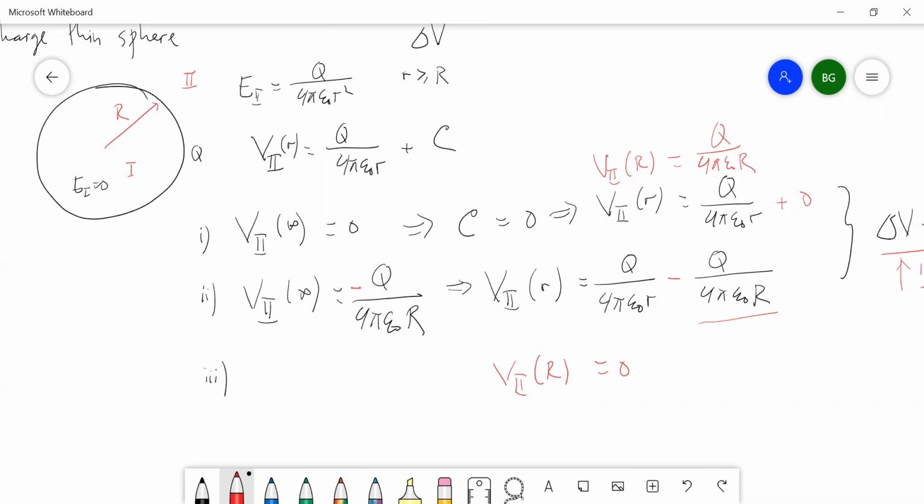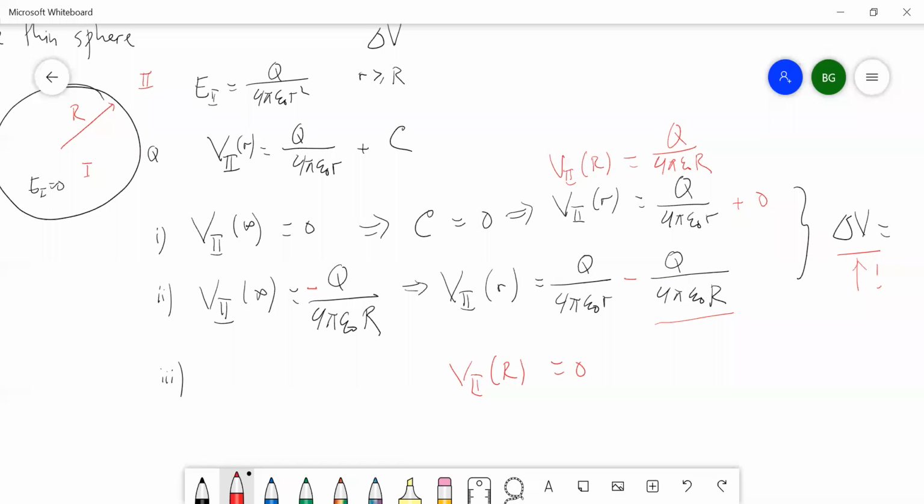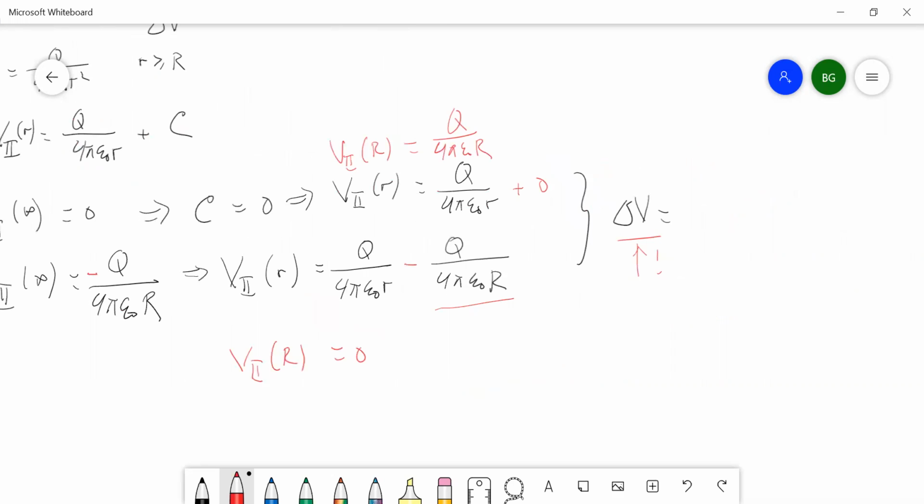Okay, as I said, it doesn't matter what the form of this potential is, but what matters is the difference, because what we measure is the potential difference. The potential difference is the same. I mean, this equals Q over 4 pi epsilon 0 times the difference between R final and R initial.